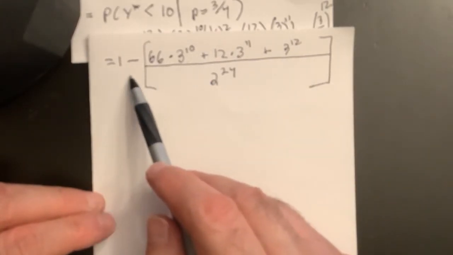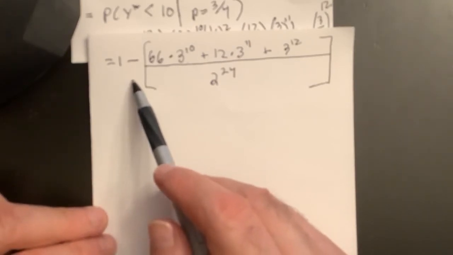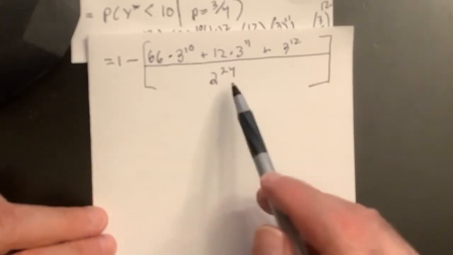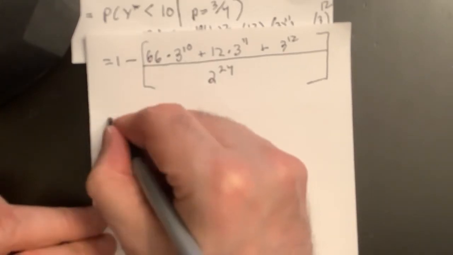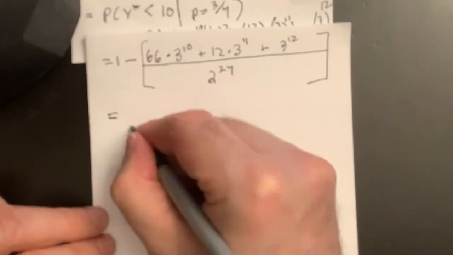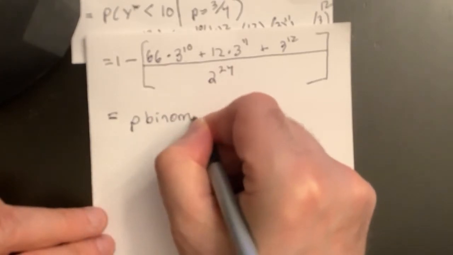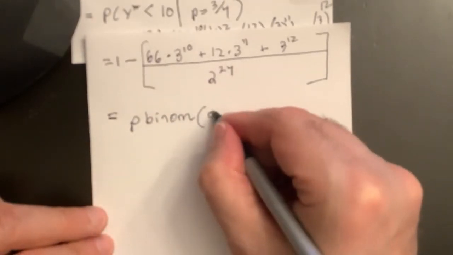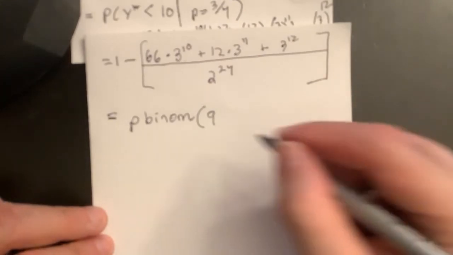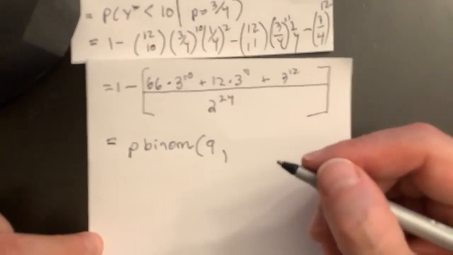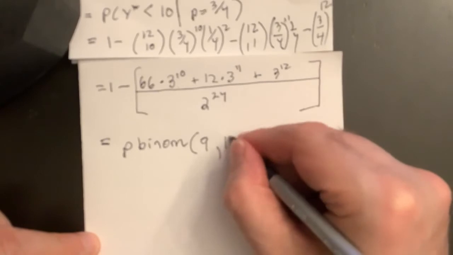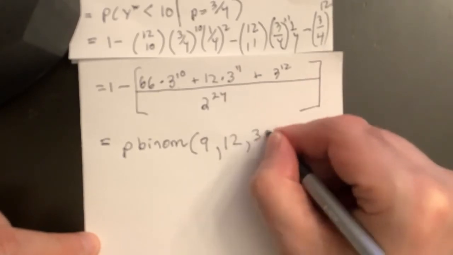So this counts when y star is 9, 8, 7, 6 down to 0. So this also equals pbinom. I want 9. This is like the CDF function. I want 9 here, and my n is 12, and my p is 3/4.